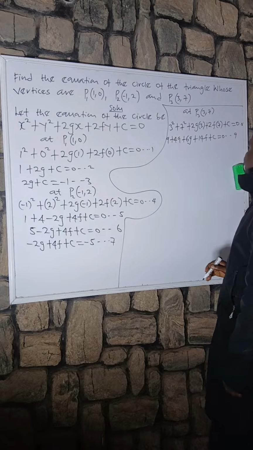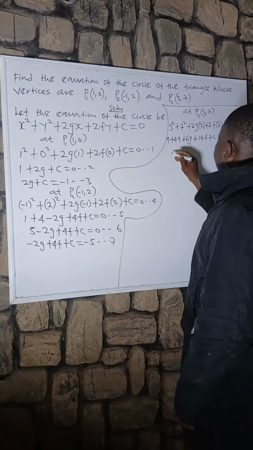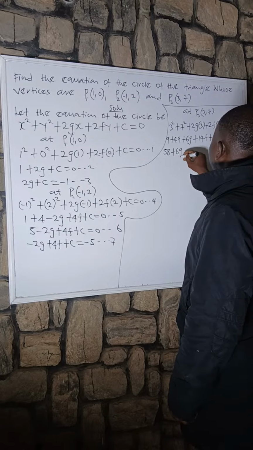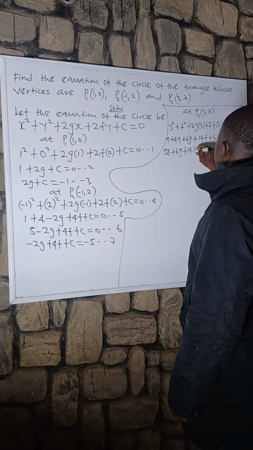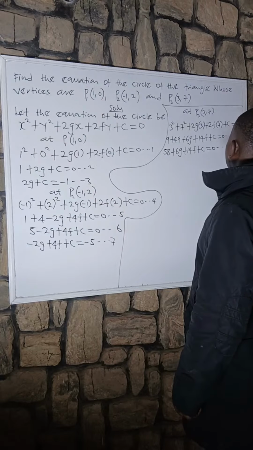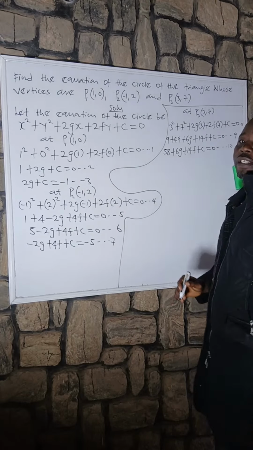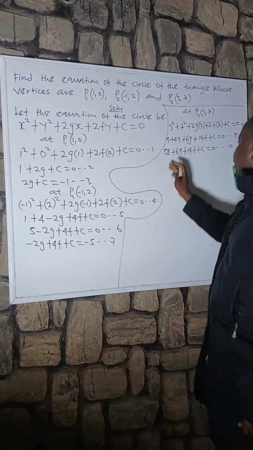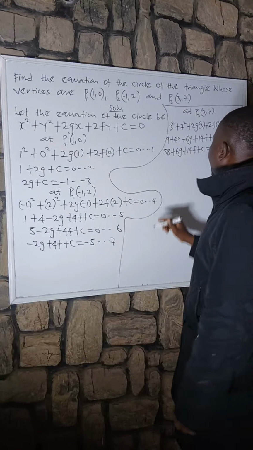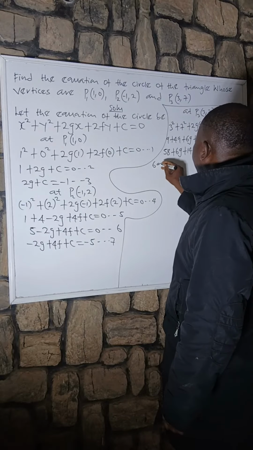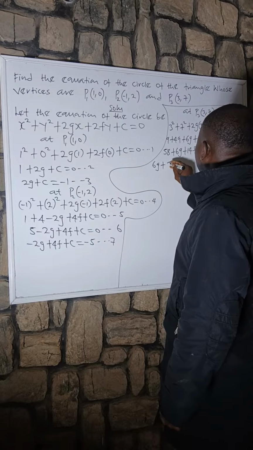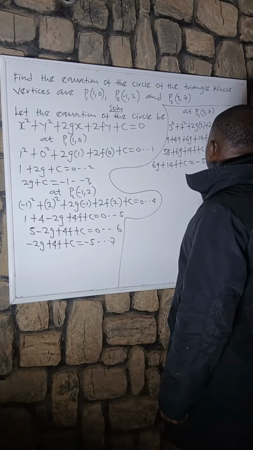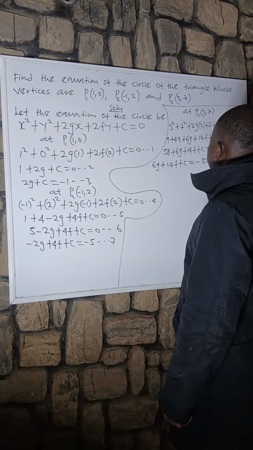This is equation 9. So by the time we add this, we are going to have 58 plus 6g plus 14f plus c equals to 0. This is equation 10. Do you agree with me? Okay, so by the time this one crosses the sign of equality, I'm going to have 6g plus 14f plus c equals to minus 58. This is equation 11.